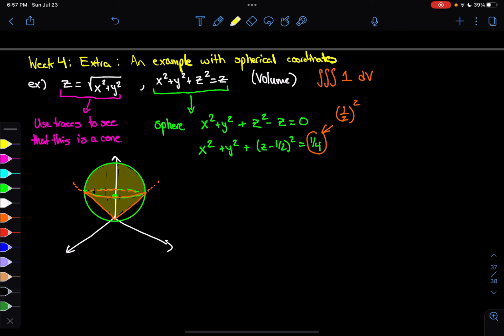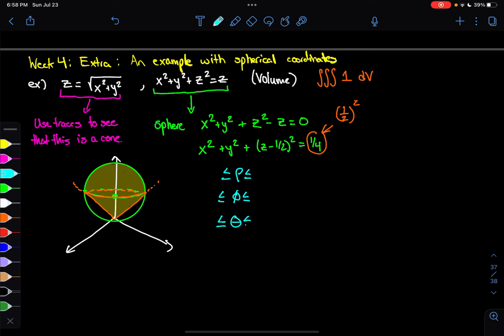And so how do we talk about this using spherical coordinates? We are going to use spherical coordinates because, as the name suggests, we have a sphere, something round in our bounds. So to use spherical coordinates we're going to need a rho, a phi, and a theta.